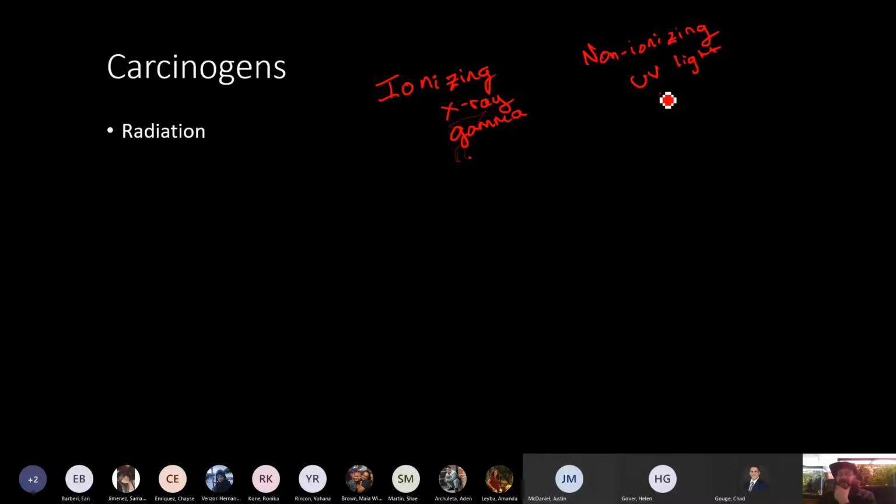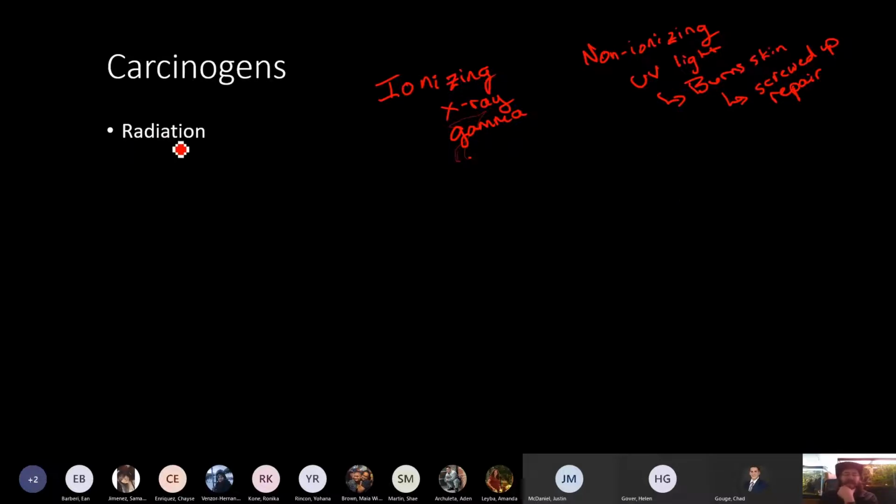This is because ultraviolet light burns skin, and thus you can end up with a screwed up repair. So that's how non-ionizing radiation can increase your risk of cancer. So ionizing radiation like X-ray radiation, gamma wave radiation, I'm forgetting a few, but there's a bunch, those can increase your risk of cancer.